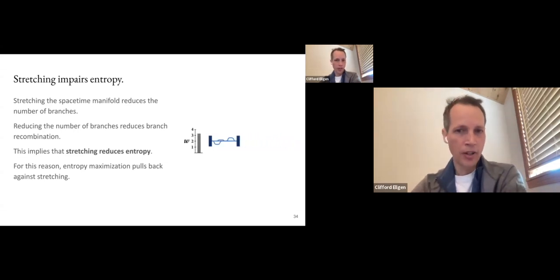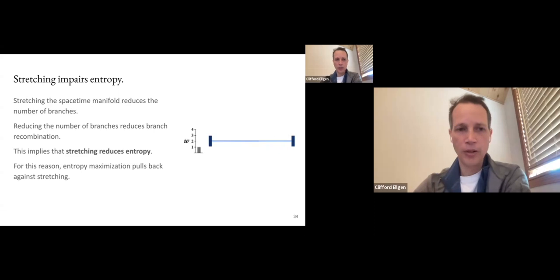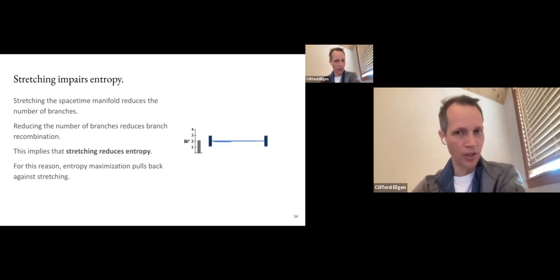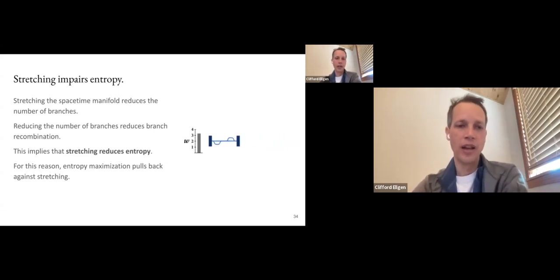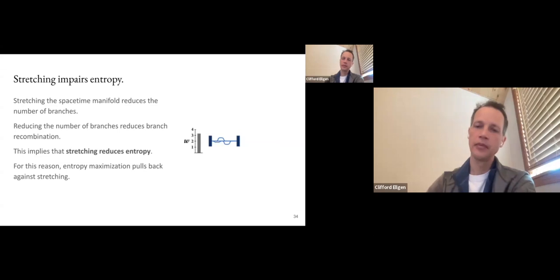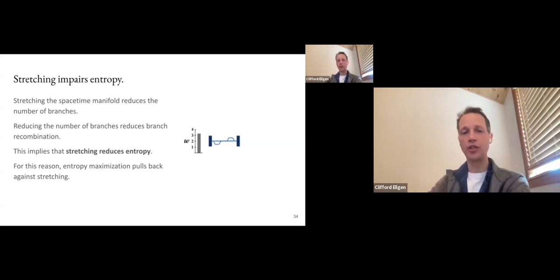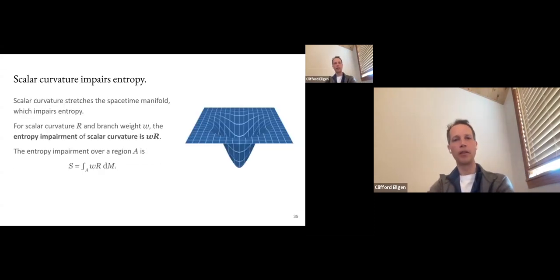And as the branch weight goes down, the number of branches that are possible also goes down. As the number of branches goes down, the amount of branch recombination goes down, which reduces the entropy in branch recombination. And so we see that stretching this thing out reduces the entropy. For that reason, entropy maximization is going to pull back against that stretching.